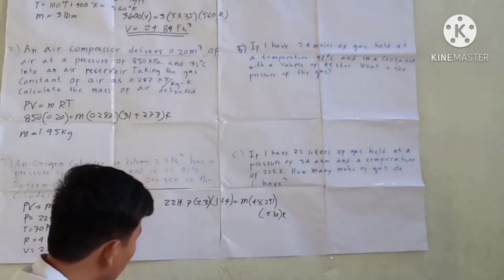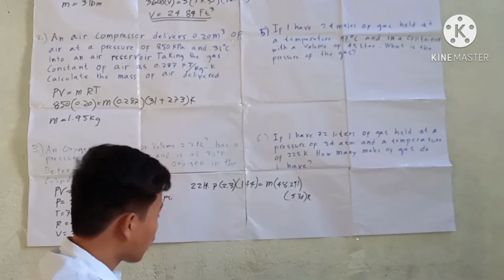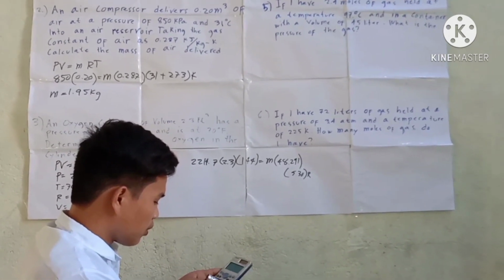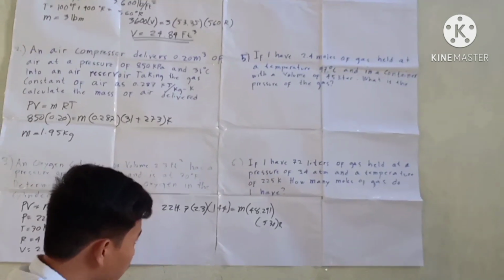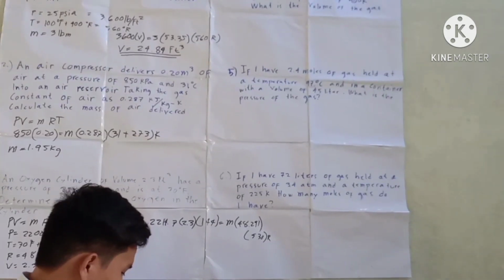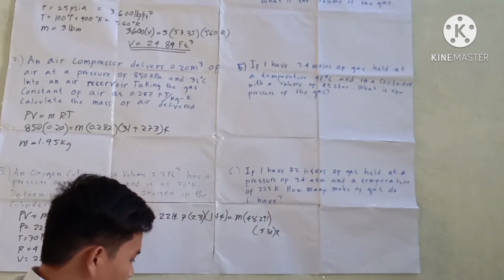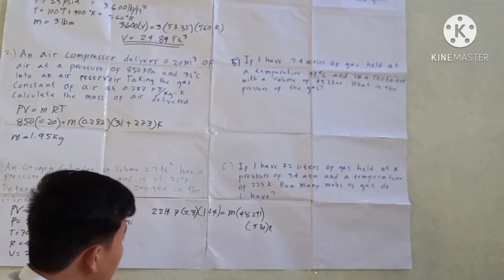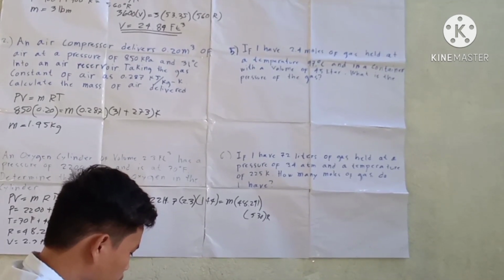So 2,214.7 times 2.3 times 144 equals x times 48.291 times 530.